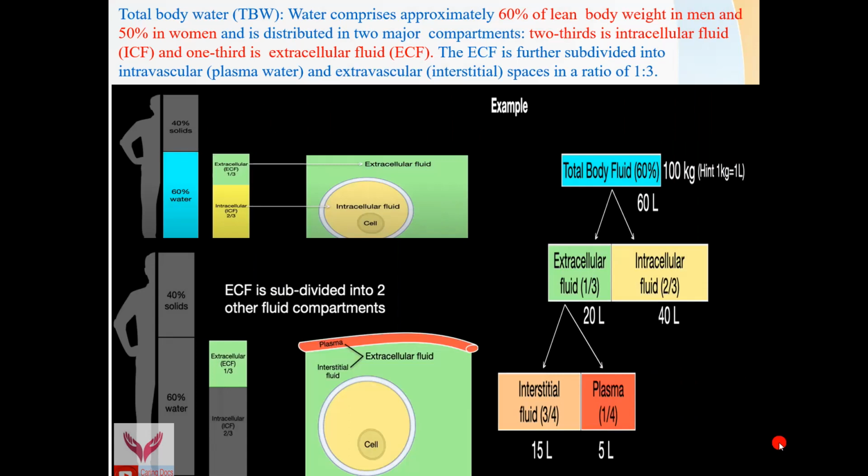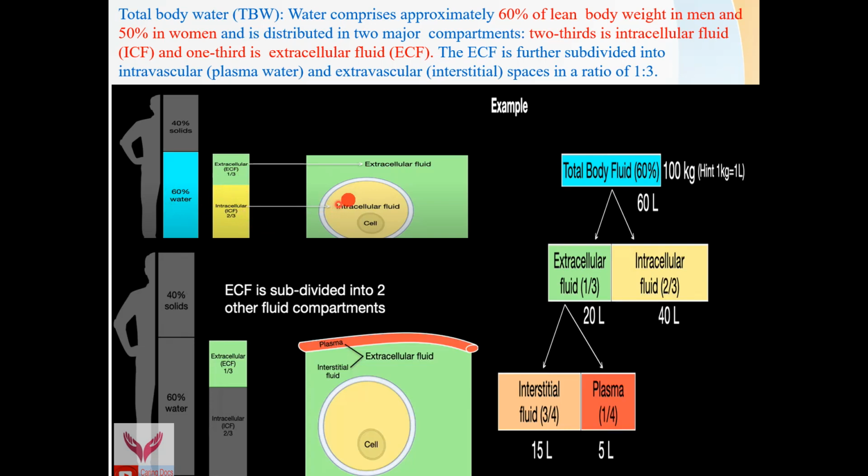Let us discuss about the total body water. As we know that the human body has 60% water and 40% solid. Out of this 60% total body water, extracellular fluid is 1/3 and intracellular fluid is 2/3.